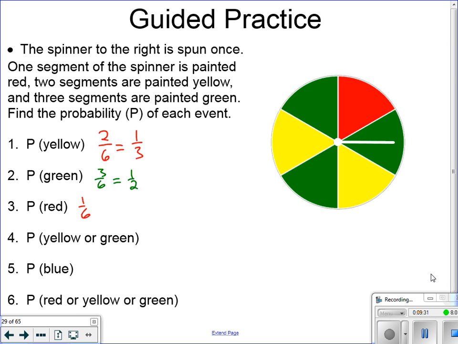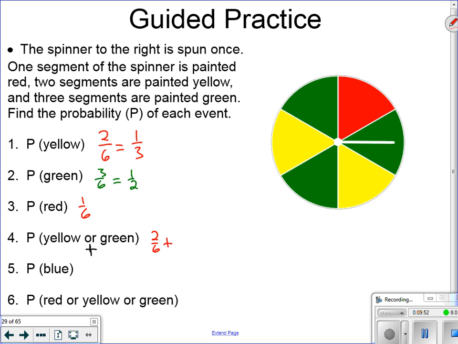Now, number 4, anytime you see or, that means plus. You're going to add the probabilities together. So my probability for yellow, we simplified it to 1 out of 3, but I'm just going to go with the 2 out of 6 here.